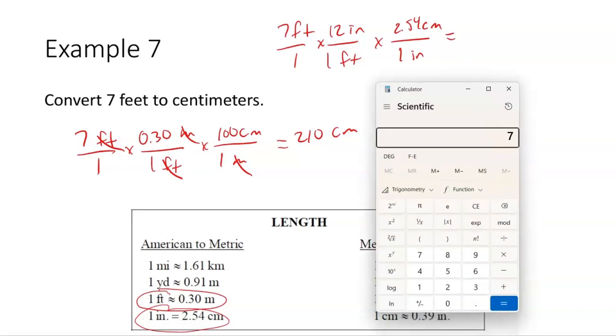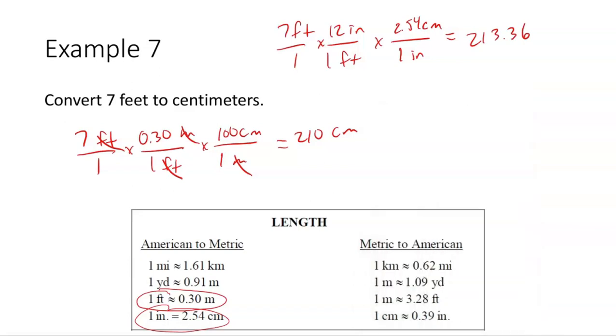If I go 7 times 12 times 2.54, I get 213.36. You might notice here that depending on which way we go about this, we'll get slightly different answers. And that's fine, because what we're doing is rounding. So we will get a little bit different depending on how we do our rounding.